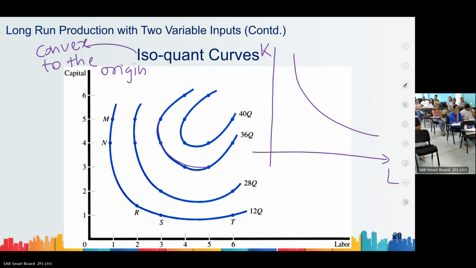This part, this part, this part, we ignore these parts. We will later discuss why we ignore these parts. We consider only this part that is convex to the origin. Origin is this.